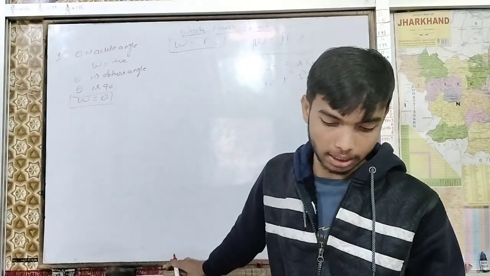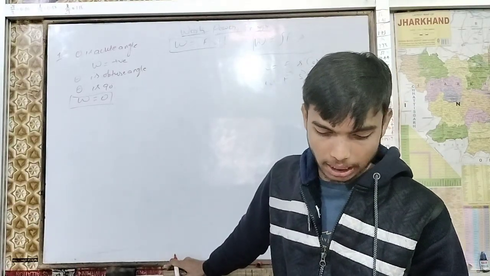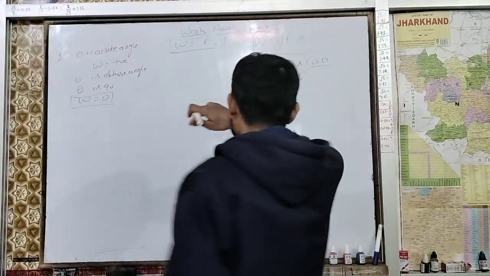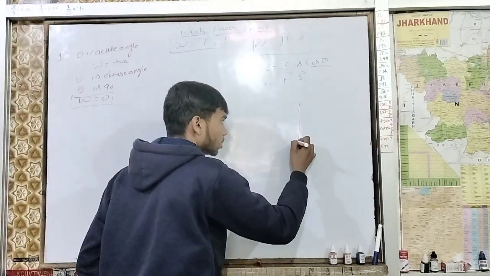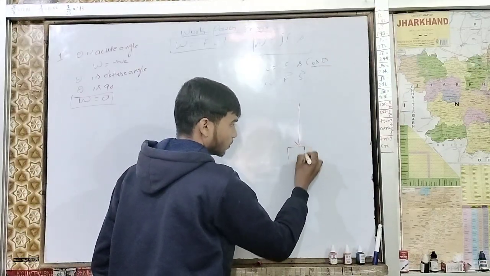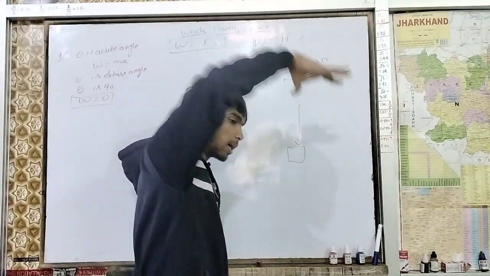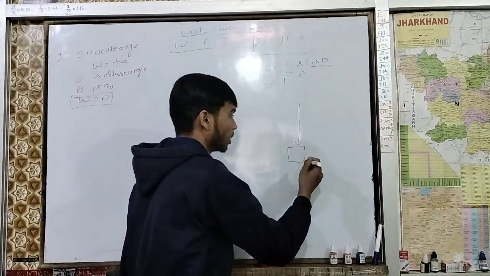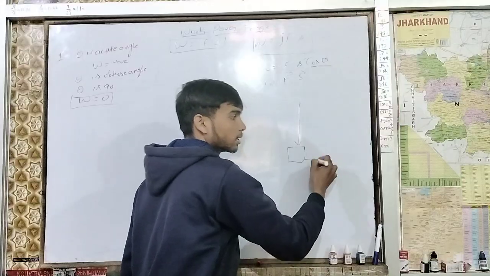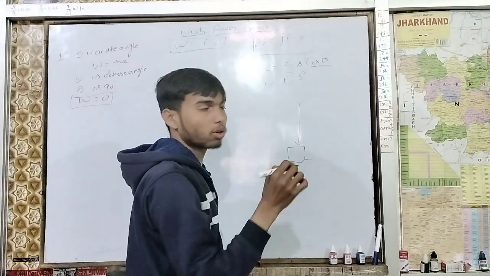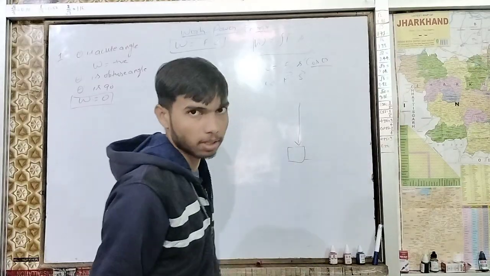Now let's visualize. If we are applying force downward and the object is over here, if we apply downward force on the object, will the body displace in this direction or in this direction? Your answer will be no. The body will not displace at all.